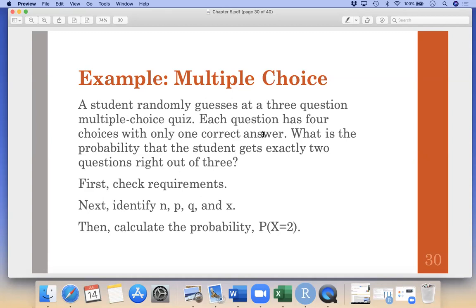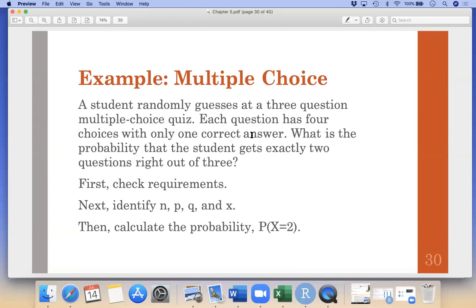Normally the correct answer is our success. Why? According to the question, it says what is the probability that the student gets exactly two questions right. So here it's about right questions. That's why the success probability is what? Each question has four choices with only one correct answer. So 1/4 is our success probability for each trial.